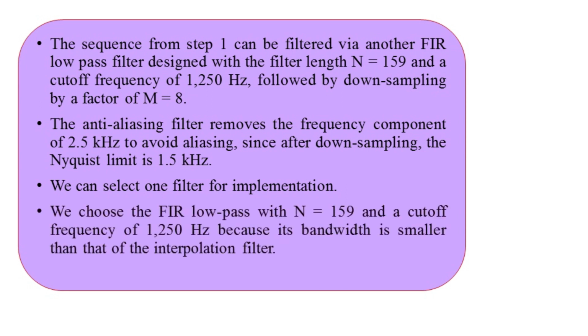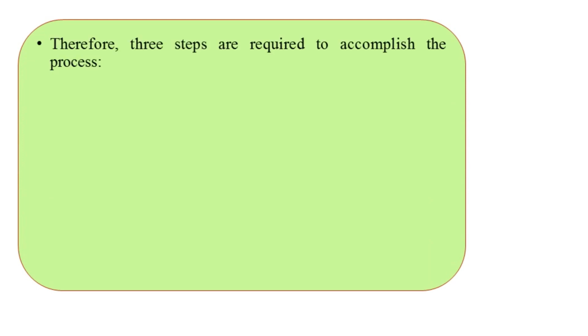So finally, the three steps required to accomplish the process of sampling rate conversion by a non-integer factor are as follows. In the first step we have the interpolation, also known as upsampling, by the factor L equal to 3. The second task is the filtering operation on the upsampled sequence obtained as the output of the first step.